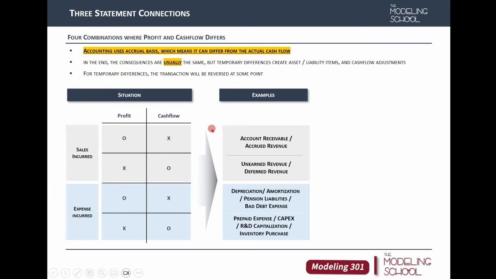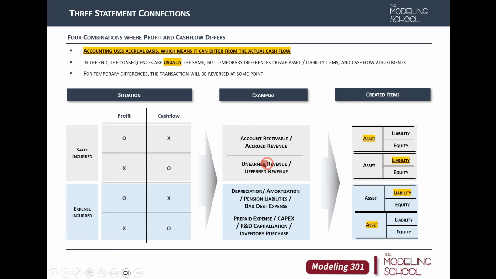The first case creates accounts receivables or accrued revenue accounts, where the second case can create accounts like unearned revenue and deferred revenue. Accounts receivables and accrued revenue, because you have already recognized revenue, but you haven't received cash yet.